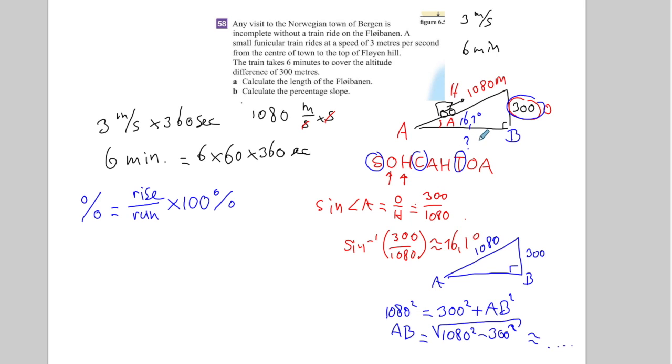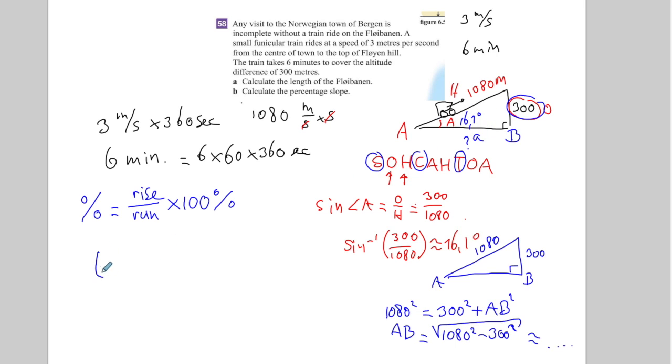And you know what I need? I need my adjacent side. And my opposite and my adjacent, I do have. Yes, I have a tangent. So I'm going to use my tangent because I know that for my tangent, I need my opposite and my adjacent.